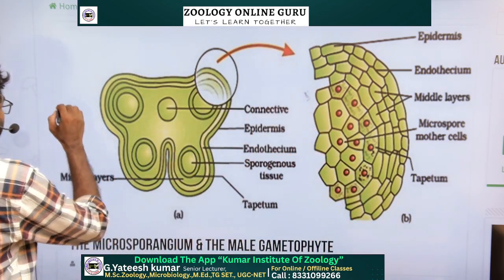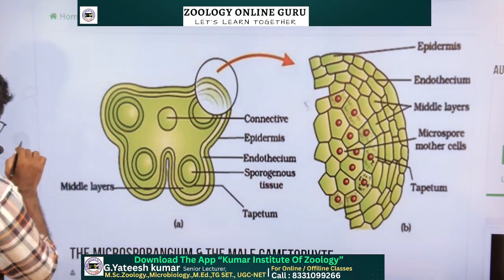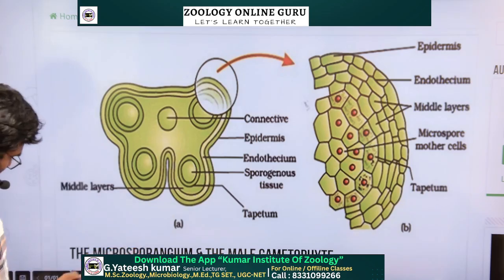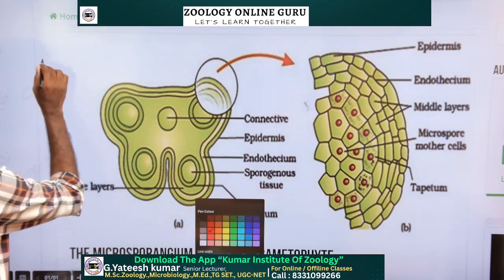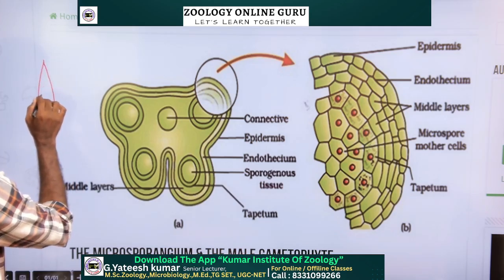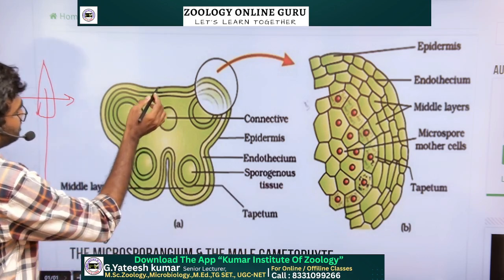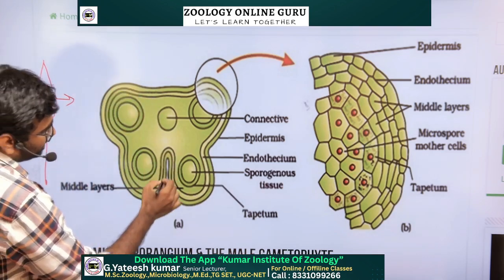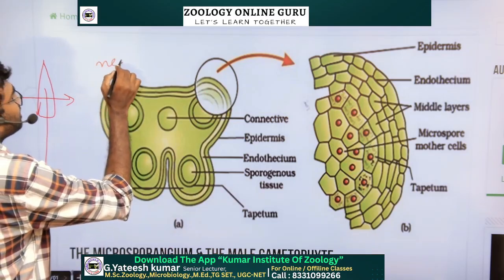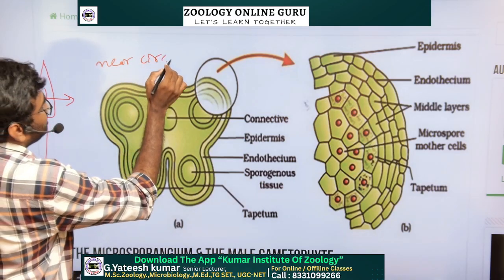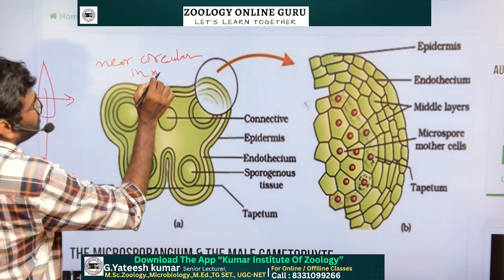Here we have the anther and filament. So when we cut the anther, it is visible like this. It is near circular in outline. Very important: this microsporangium is near circular in outline.